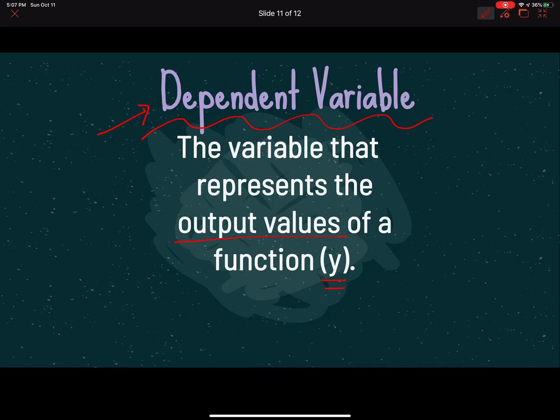So if independent is able to stand alone, dependent relies or depends on the x value or the input. So just like science again, if it is dependent, it is depending on the independent variable.